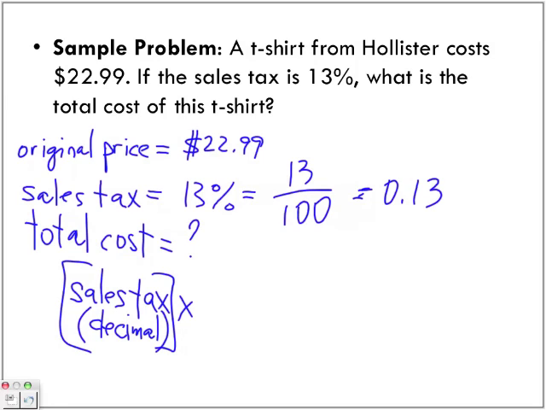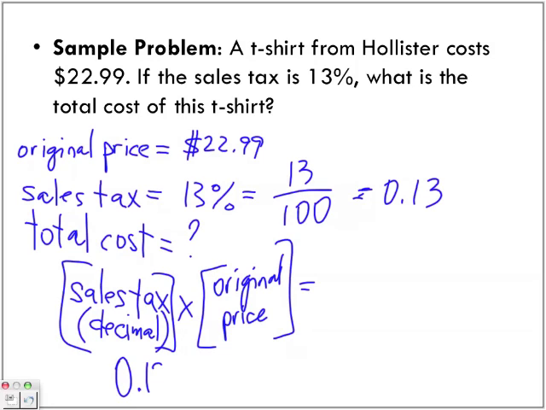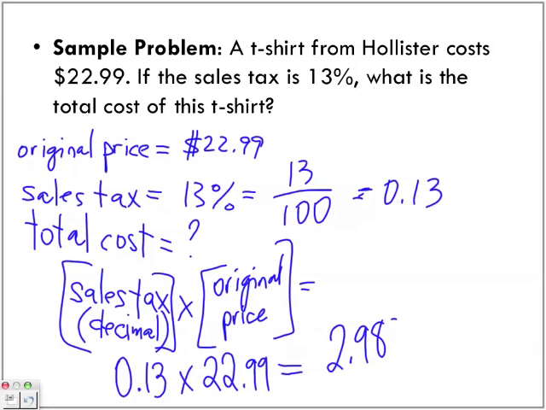So, we take the sales tax as a decimal and we multiply it by the original price. What is the sales tax as a decimal? We've already said it, 0.13. We're going to multiply it by the original price, which is $22.99. When you throw it into your calculator, what do you get? Give me all the numbers. 2.9887.